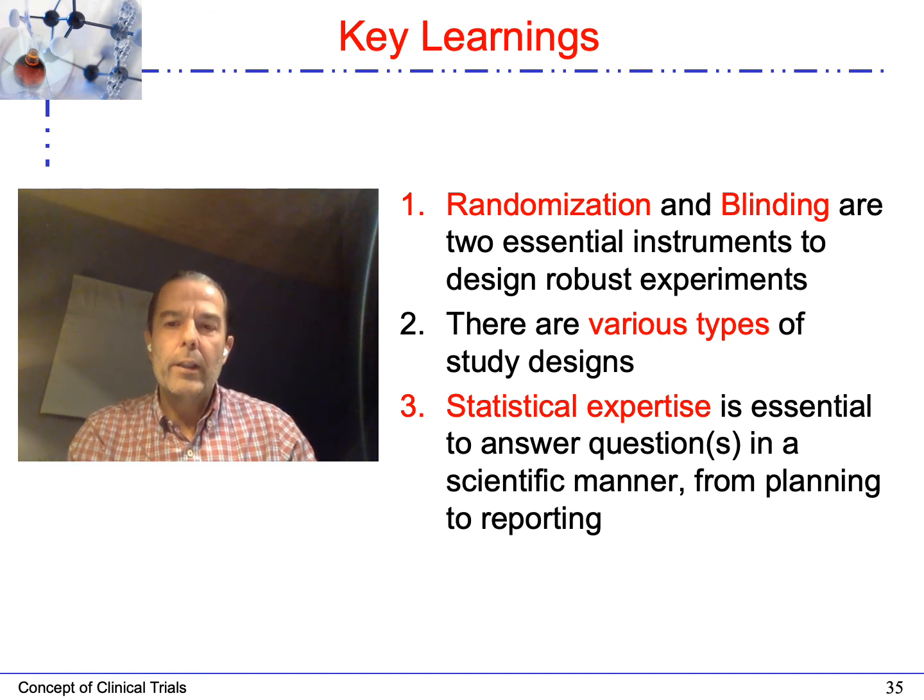And finally, thirdly, statistical expertise is essential to answer a question in a scientific manner, really from the planning, from the design perspective, to the analysis and actual reporting of the results and interpretation of the results.